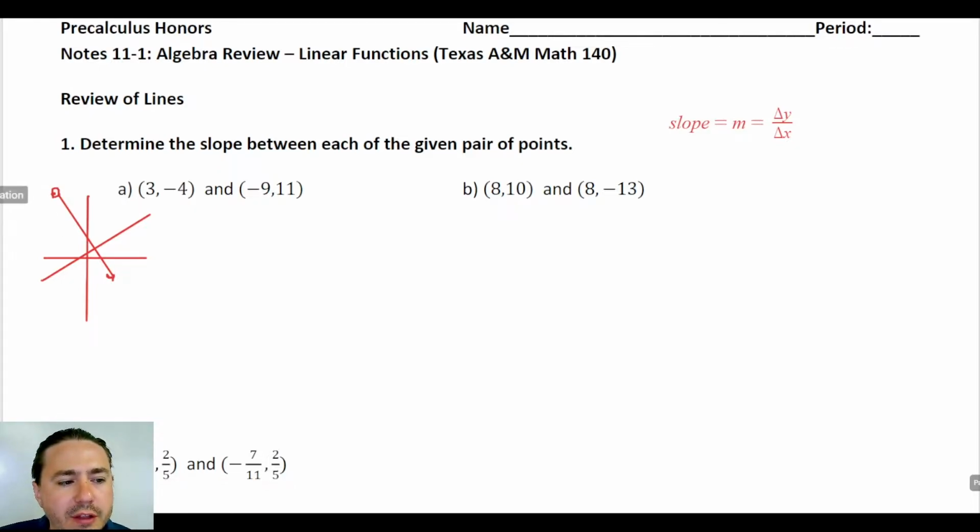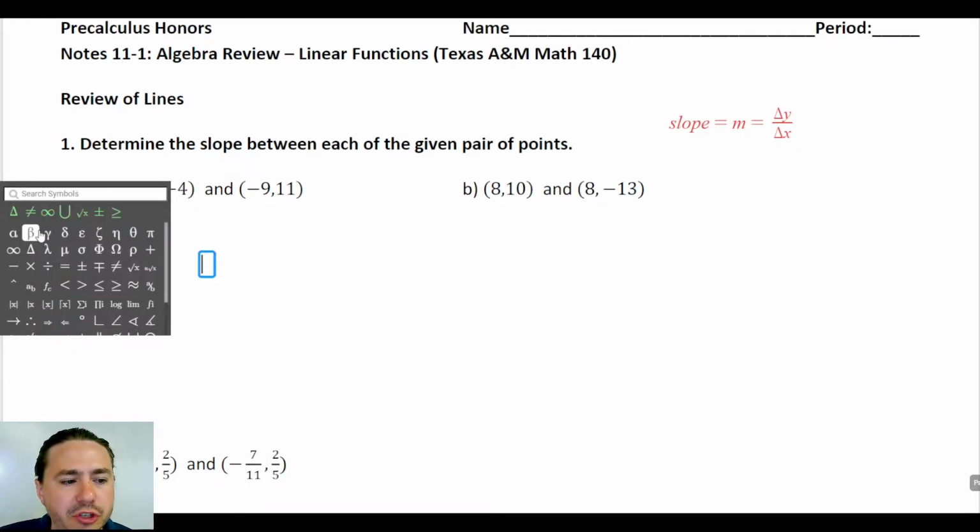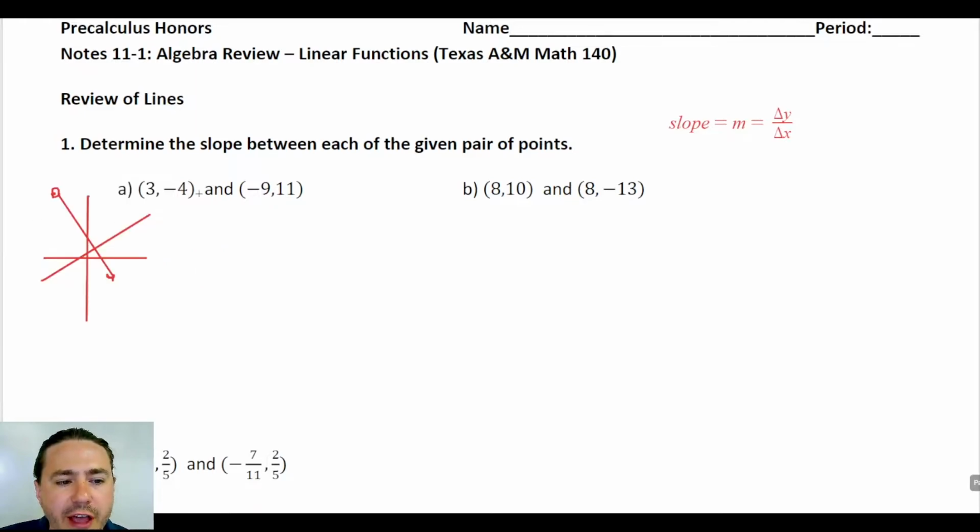So when we go to calculate the slope, we really just want to be looking at the change in values here. The y coordinates are the numbers that come second. And so my change in y is going to be the change from -4 to 11. One way to think about it is, what do I need to add or subtract to get from -4 to 11?